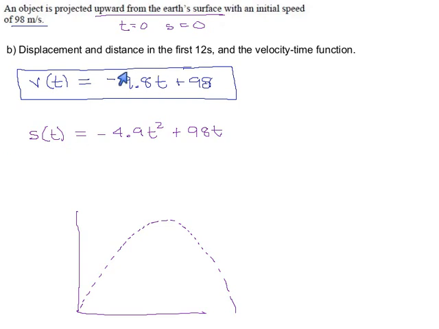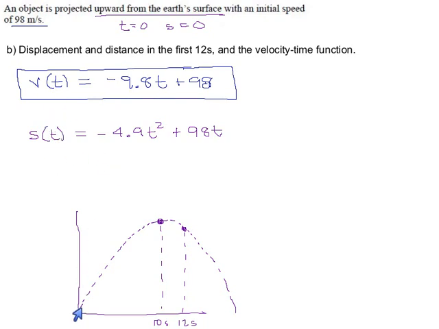And you remember when we were looking at our velocity, or you can see it looking at the velocity here, this thing's going to stop at 10 seconds. Right there is 10 seconds into the flight, and they're asking about 12. So you can see there's going to be some direction changes we have to worry about here.